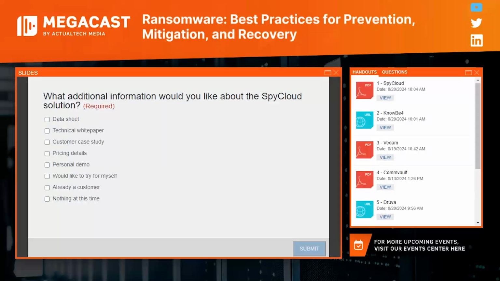Absolutely. I think we have such a large pulse on the darknet data. We can really understand what perhaps domains and organizations that you're managing, and we're able to provide this information in a variety of tools and integrations and workflows to really help your company know what's been exposed across the dark web. And again, on the data side, we do the enriching and the curation of the data.